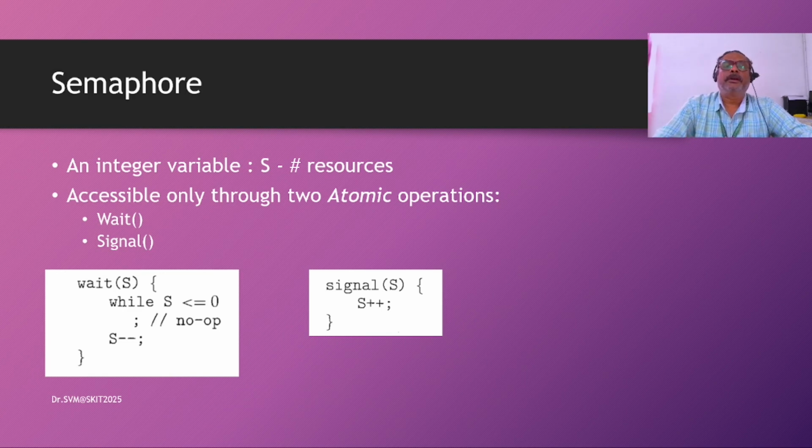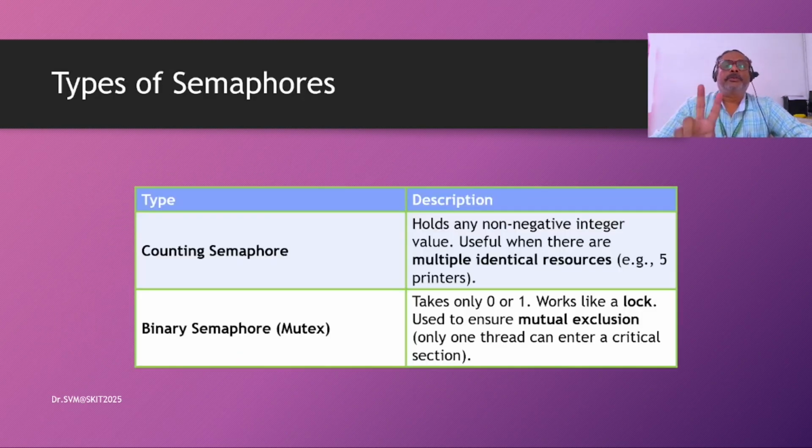Signal is just incrementing the value of S, S++. But this wait here still has that danger of lock. It is waiting. That means there is a while loop here doing nothing. That means this is wasting the CPU time, and that's not what a semaphore is. So semaphore is something different. So we have 2 types of semaphores.